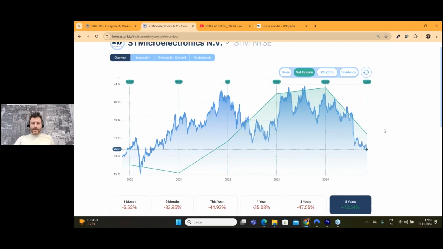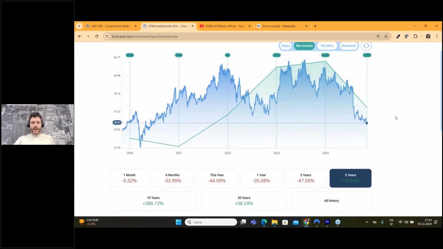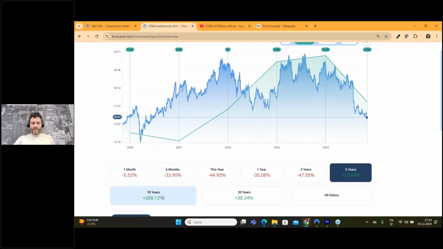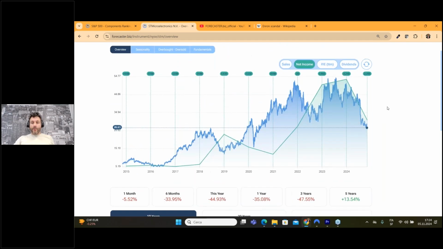And as you can see, watching this chart, we can definitely say that the prices of the share follow the fundamentals. And in this case, we find the situation very interesting where the prices are below the net income line.